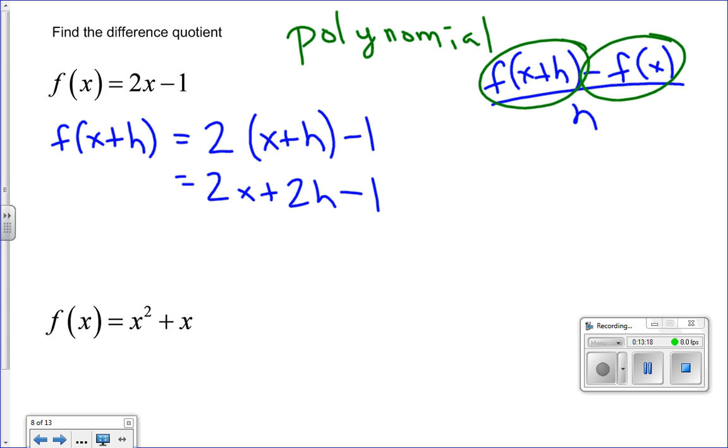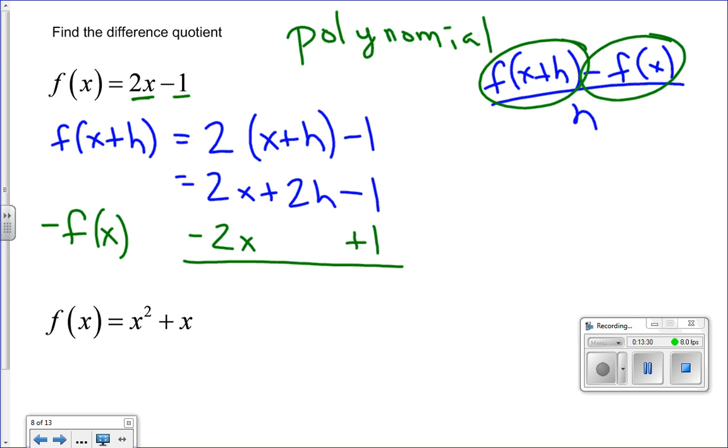So what's going to happen here, if I take away f of x, I'm taking away both these terms. And it's nice because each of those terms cancels. So if I subtract the 2x, subtract the negative 1, all I'm left with is your 2h. And that is the difference of f of x plus h minus f of x.